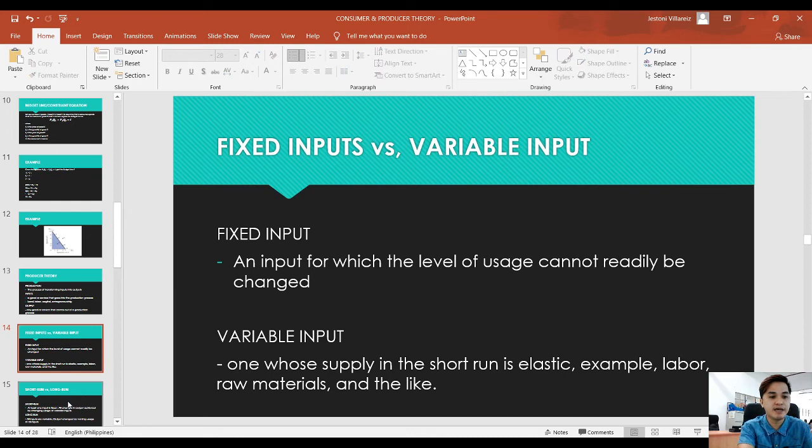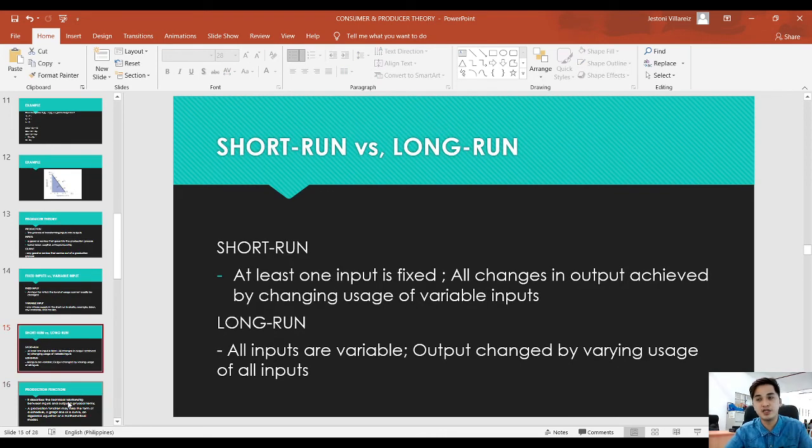Another important concept in the production is the time period. So we have two types, the short run and the long run. These time periods here, kaning duha, are relative depending on the industry or on the production process. So when we say short run, it doesn't mean like 3 months, 2 months, 1 year, 2 years. Again, it's relative depending on the industry. Let's say in the agricultural industry, ang ilahang short run is 6 months or maybe 1 year.